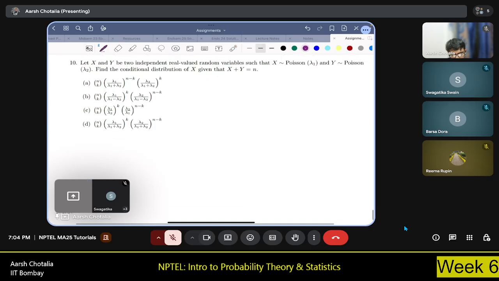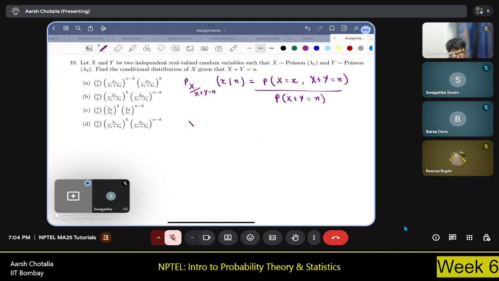Okay. So what we are asked is the probability distribution of x, given that x plus y is equal to n. This would be, sorry, some small x given n. This is given by the probability that x is equal to x and x plus y is equal to, sorry, small n, divided by the probability that x plus y is equal to n.